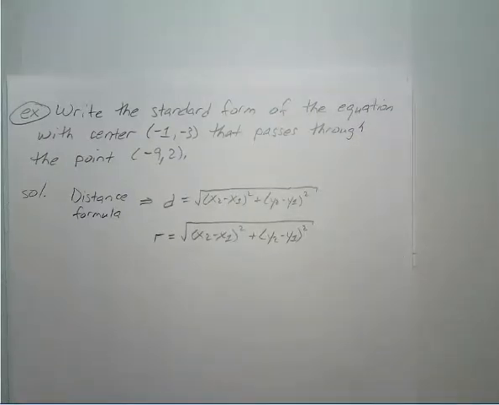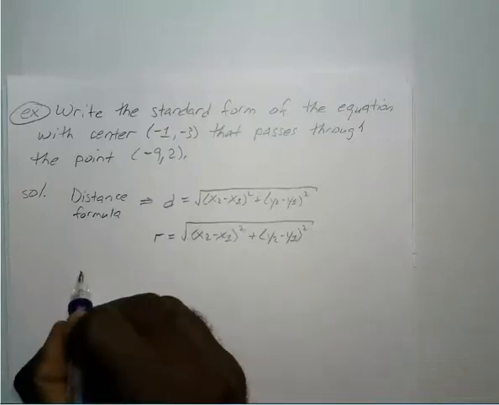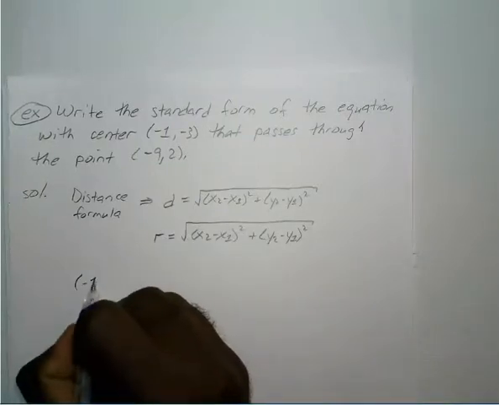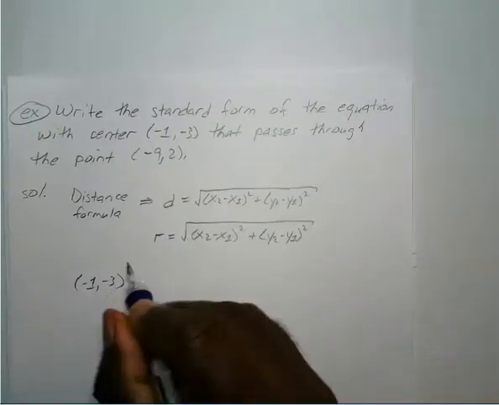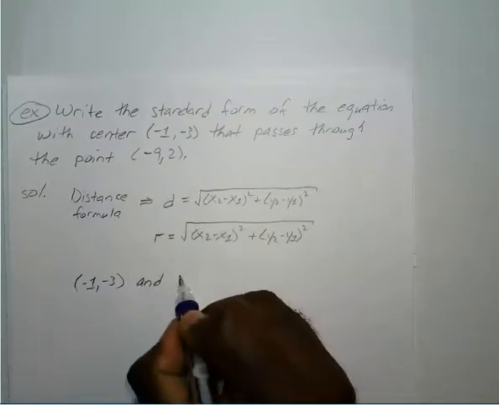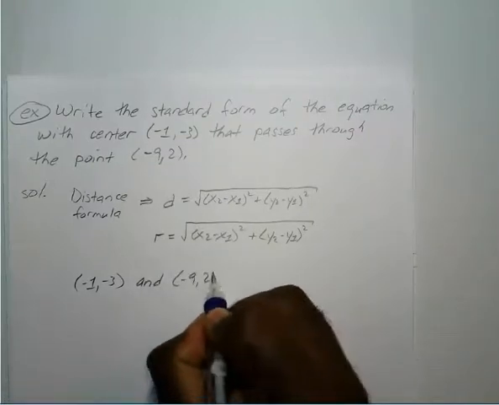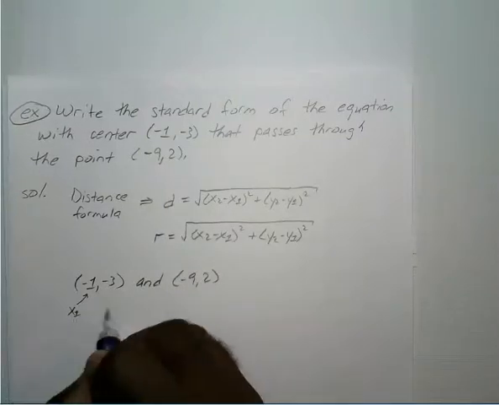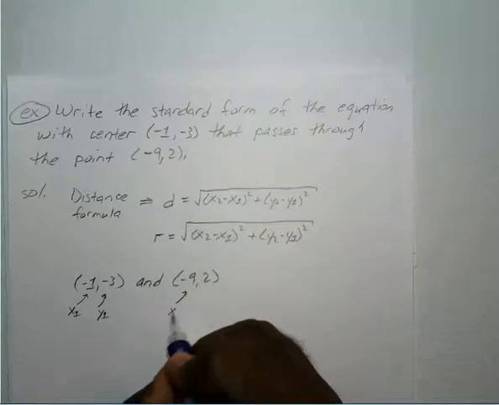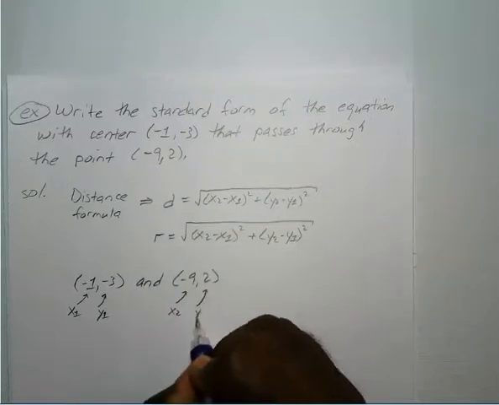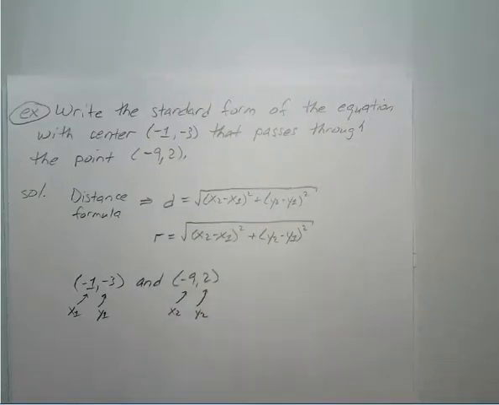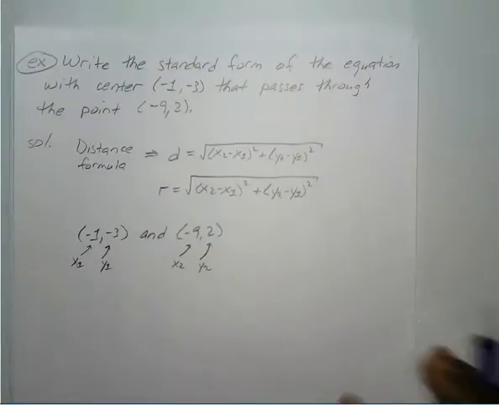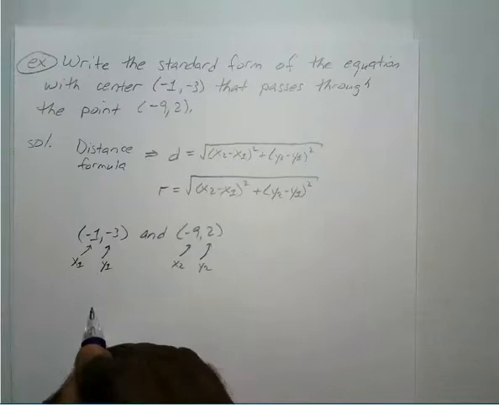Okay, and just like before, we make our x1, y1 and x2, y2. So if you have your -1, -3, and you have your other point of -9, 2, you make this your x1, and this your y1, this your x2, and this your y2. Alright, so moving that up, you just go ahead and plug everything in.